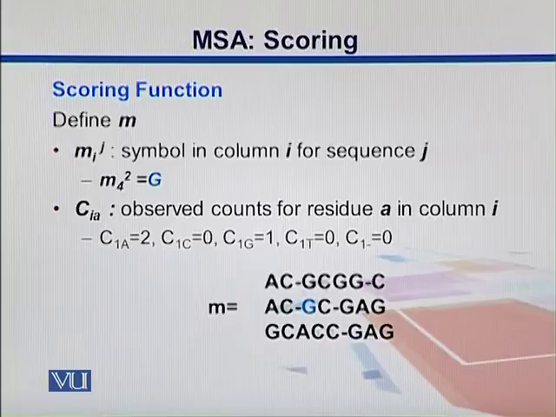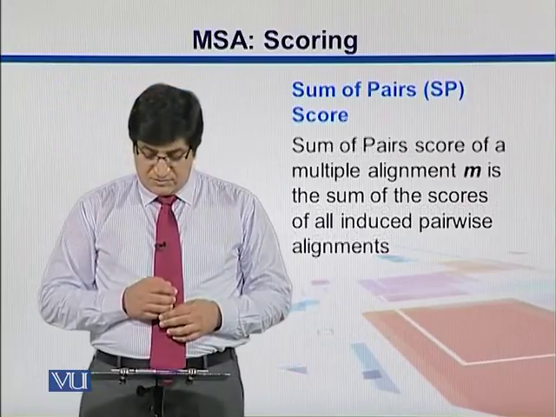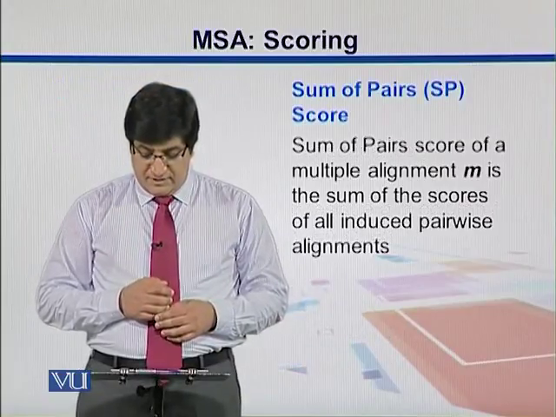We see only 1 right here. How many T's do we see in column number 1? We don't see any T, so it's a 0. And how many gaps do we see? Again it's a 0. In this way we can observe the counts for the different residues, or nucleotides, in each column. So let's go back to the sum of pair scores of a multiple sequence alignment M.